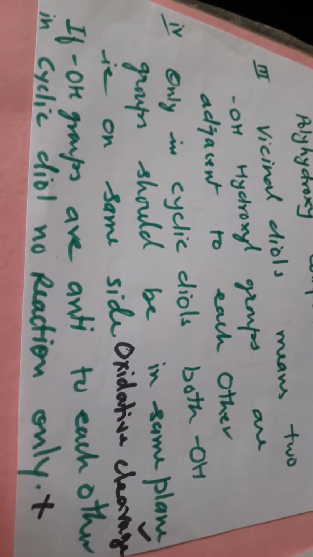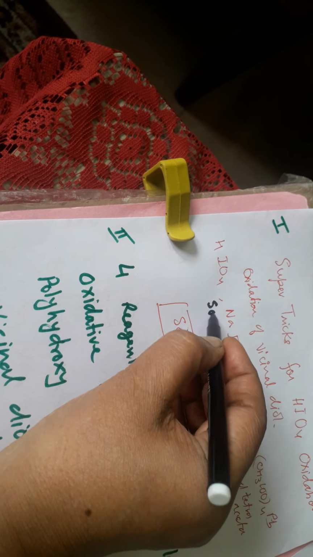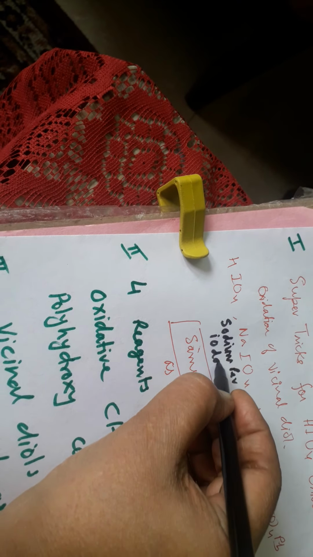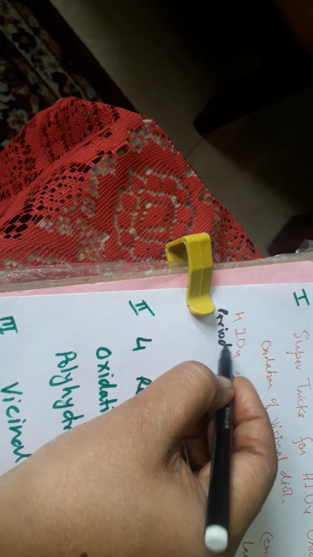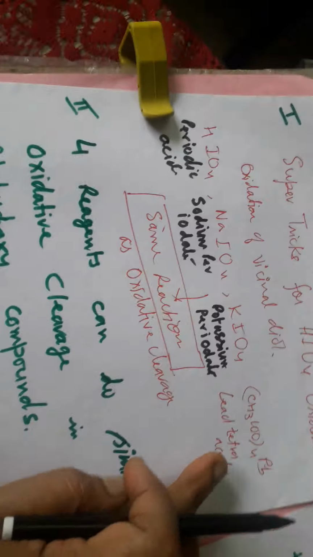This is potassium periodate, this is sodium periodate, and this is periodic acid. Lead tetraacetate I have written already. Any one of these will give you oxidative cleavage of vicinal diol.